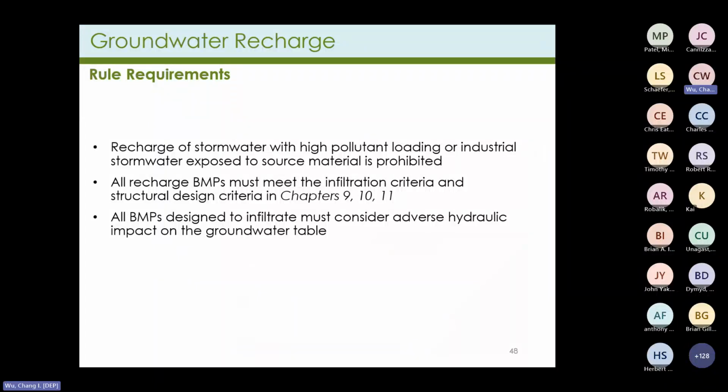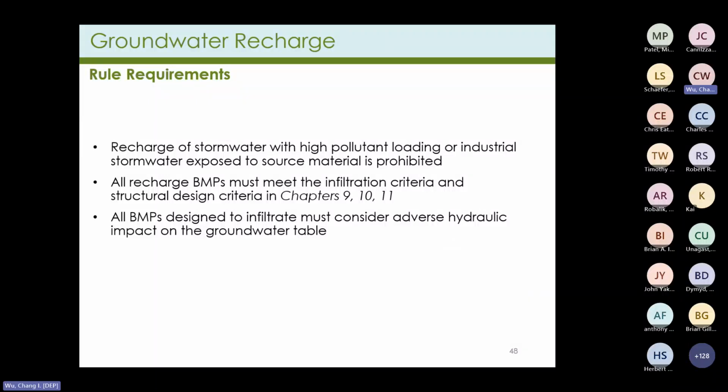So again, for the groundwater recharge, the rule prohibits the recharge of stormwater with high pollutant loadings or industrial stormwater exposed to the source material. So for example, if you have a commercial site that has a gas station, you should not direct the runoff around the gas station to the recharge BMP.